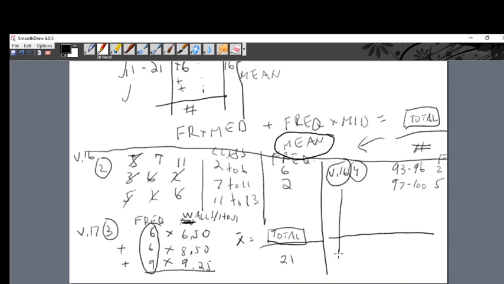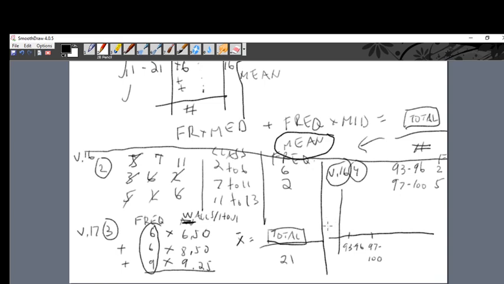So on the left hand side, you put over here this little box, you put 93 to 96, and the next box is going to have room, I just don't have much room, is 97 to 100.